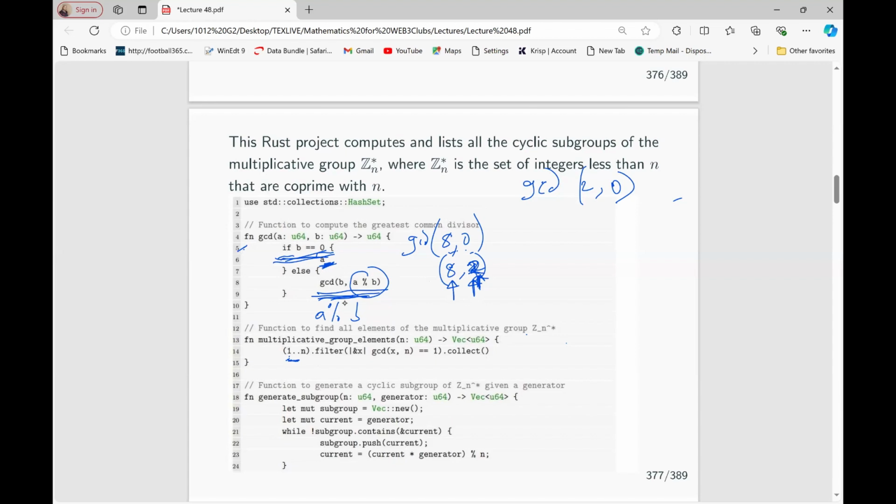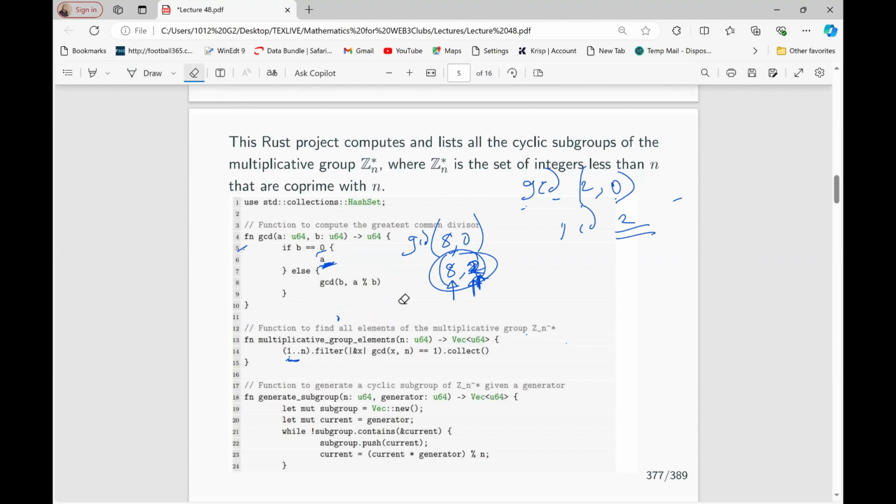So in this case, one of the elements is 0, and therefore the GCD automatically becomes 2. And that's the GCD of 8 and 2. That's how this part is saying.